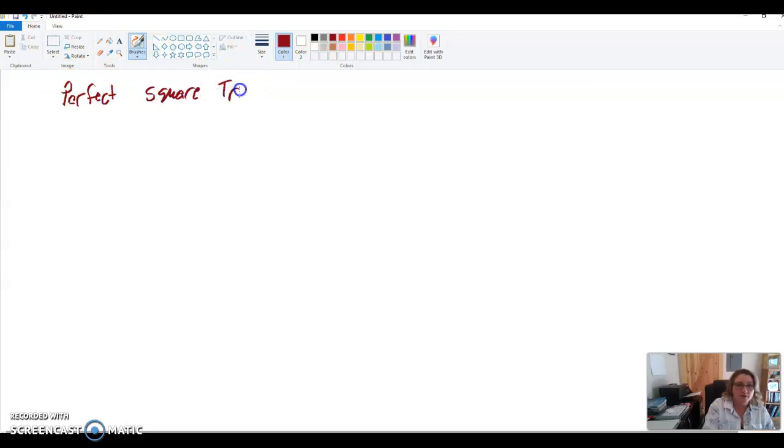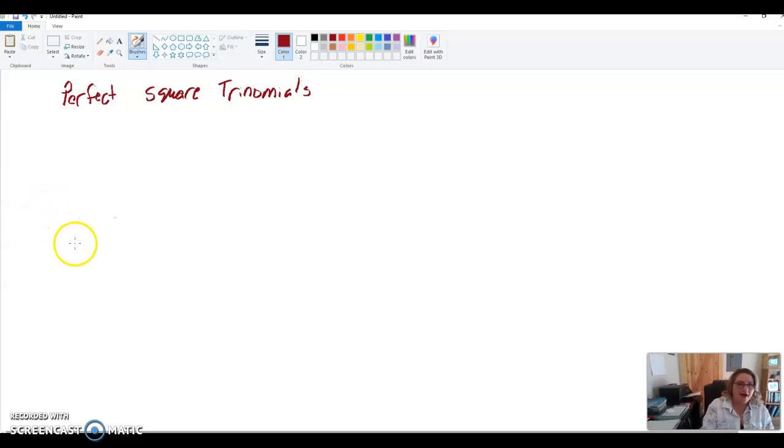Perfect square trinomials. Okay? And these are going to be when you can see that you have a square on each end, okay?